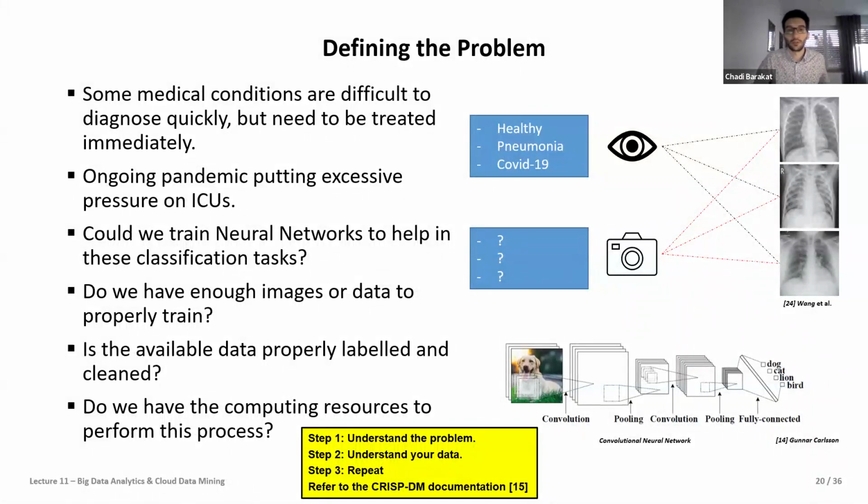We'll refer to the CRISP-DM documentation, which we'll talk about later in these slides. It's a standardized way of approaching a machine learning task where you understand the problem, then you understand the data, then you adjust your understanding of the problem based on what you already know about the data, and then you iterate one, two, three, four times as much as you need to be able to solve the problem at hand.